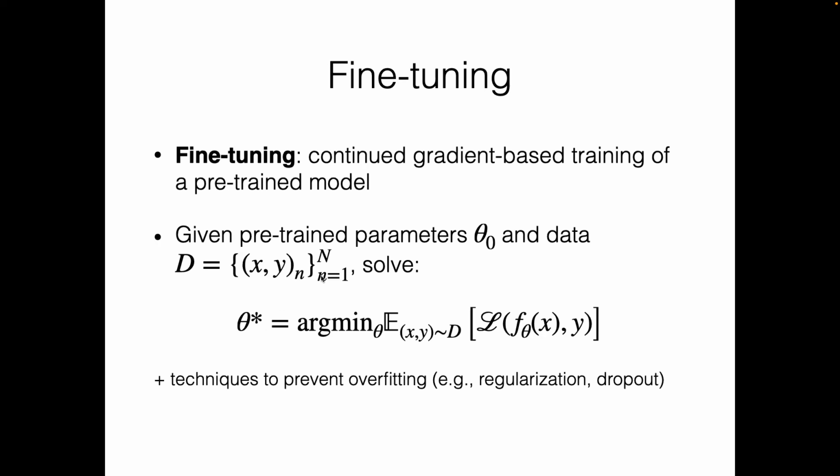So a bit more formally, given some pre-trained model parameters, theta 0, in this setting, we'll assume that we have some data, which is this paired data of inputs and outputs, X and Y. We want to run some algorithm which solves this problem.